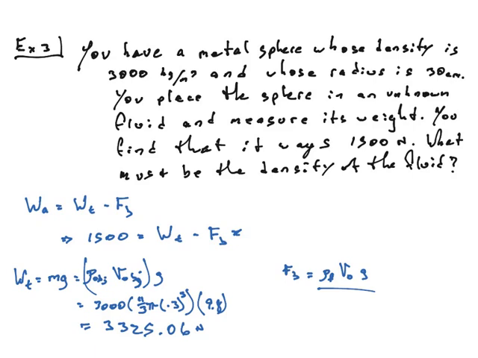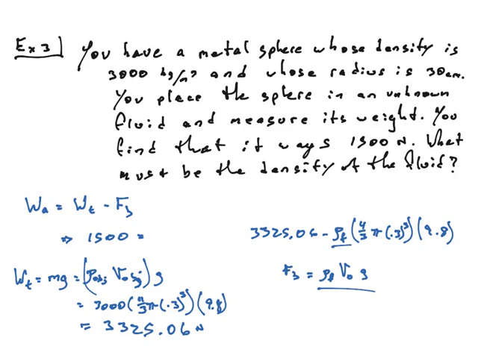So here we go. True weight, 3325.06 minus buoyant force, which is rho fluid, times volume of the object, that's 4/3 pi 0.3 cubed, times g, which is 9.8. And now we have our little equation. Everything's a bunch of numbers except, of course, the rho fluid, which is the thing I want to find.